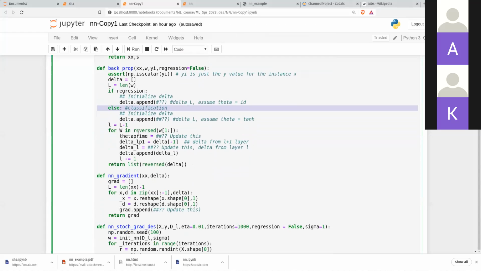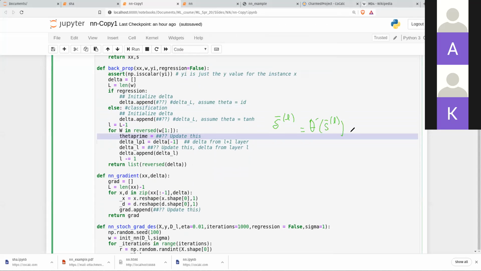So now you go through, and what this is talking about here is, remember this formula: delta L is equal to theta prime of S L times W L plus 1 times delta L plus 1, from 1 to d L. So that's what's being computed here.